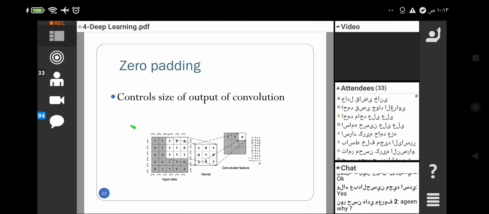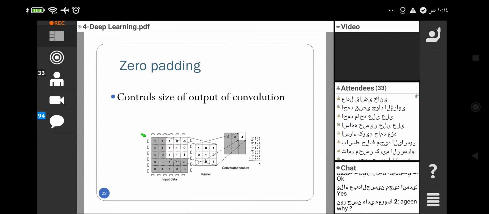And why do we do this? Because we want to move the kernel on all of the places of the input. If we don't have zero padding, we can only move the center of the kernel here, and we can't move on the boundaries.